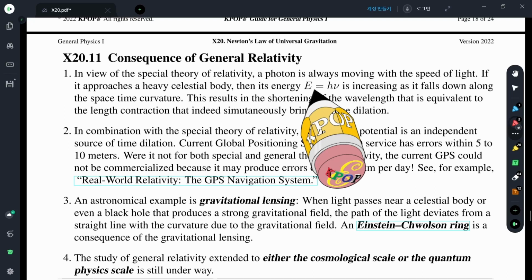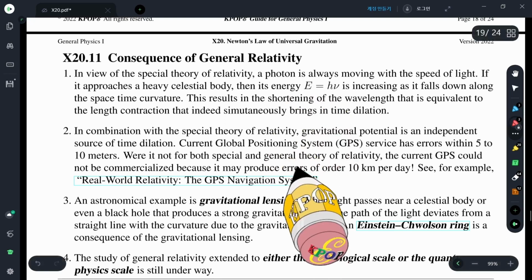It is impossible to make use of GPS if it produces an error of 10 kilometers every day. But because we correctly understand general relativity and special relativity, it is realized to be commercialized. It's a very interesting fact.